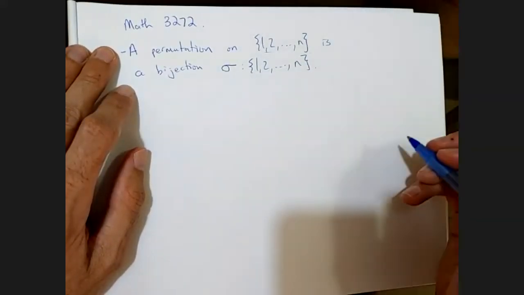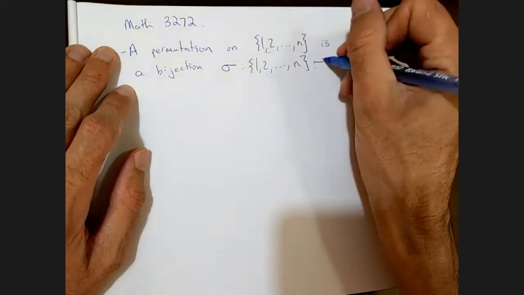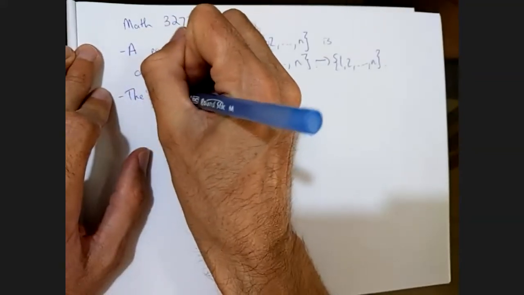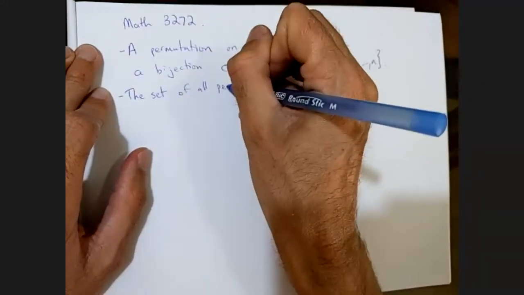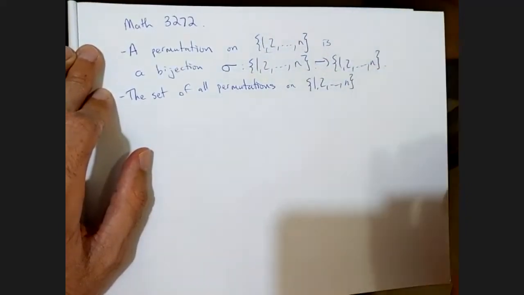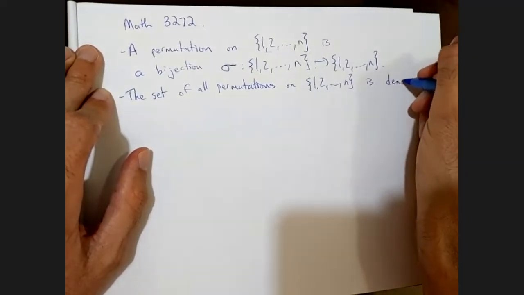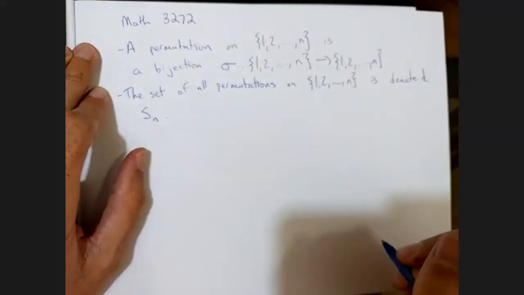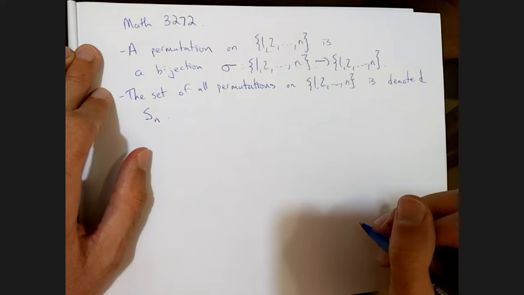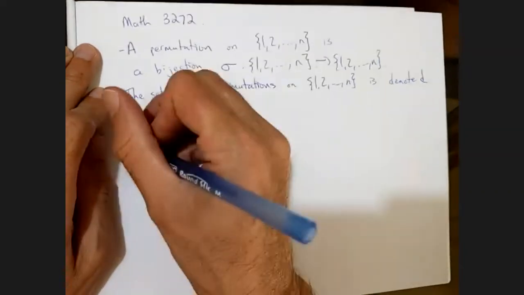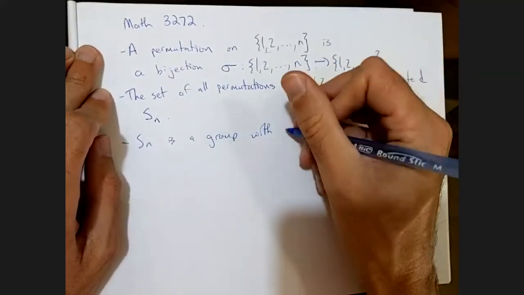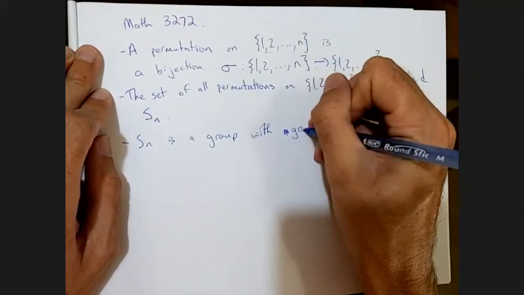If we gather up all the permutations, the set of all permutations is denoted Sn. And Sn becomes a group where the group law is composition.